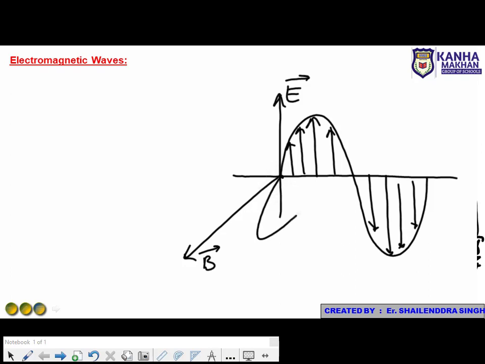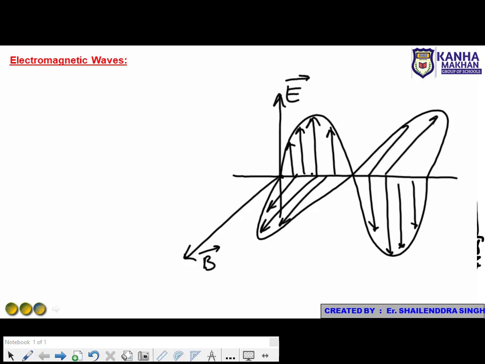The propagation of the magnetic field vectors is given like that, and they must oscillate along the z axis. With the oscillation of the electric field vector as well as the magnetic field vector, the electromagnetic wave will propagate along the x axis, and it is known as the electromagnetic wave. The EM wave will propagate along the x axis, that is the condition.